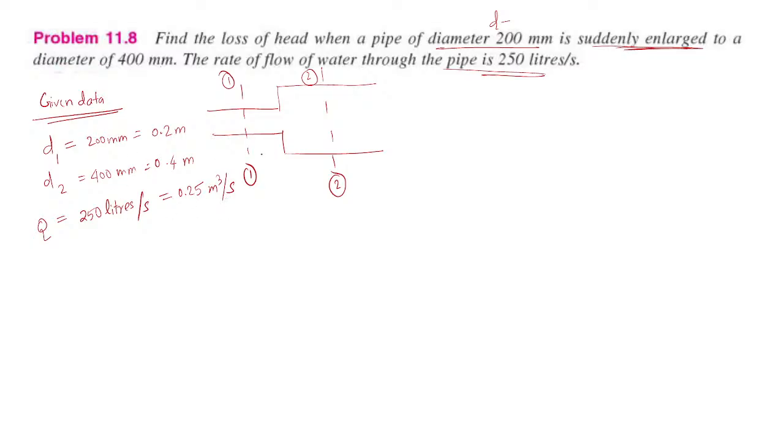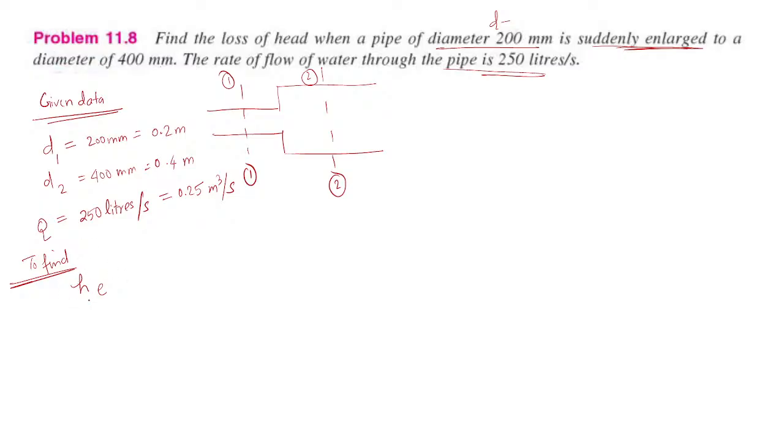So I have this. Now what do we have to find? We have to find the head loss. This is a sudden expansion problem, so what is the abbreviation for loss of head due to sudden enlargement?